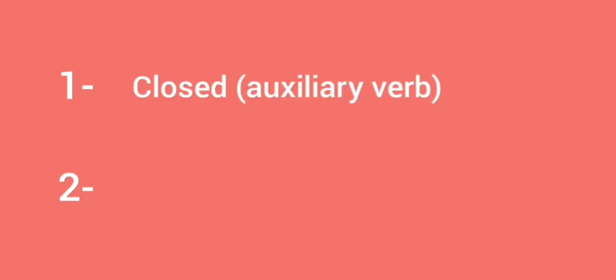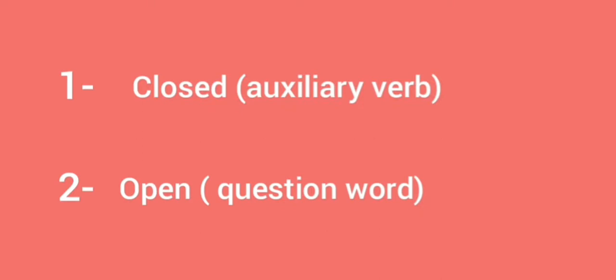There are 2 types of questions in English. The first one is closed questions: questions which start with an auxiliary verb and you don't need to have a question word. The second type is open questions: questions which start with a question word.